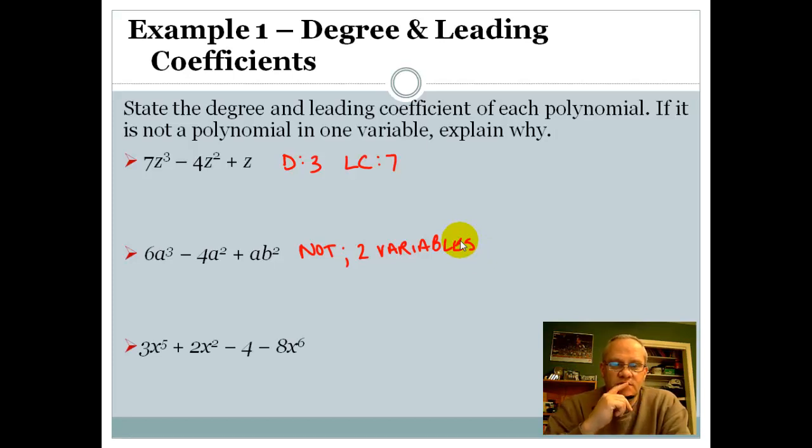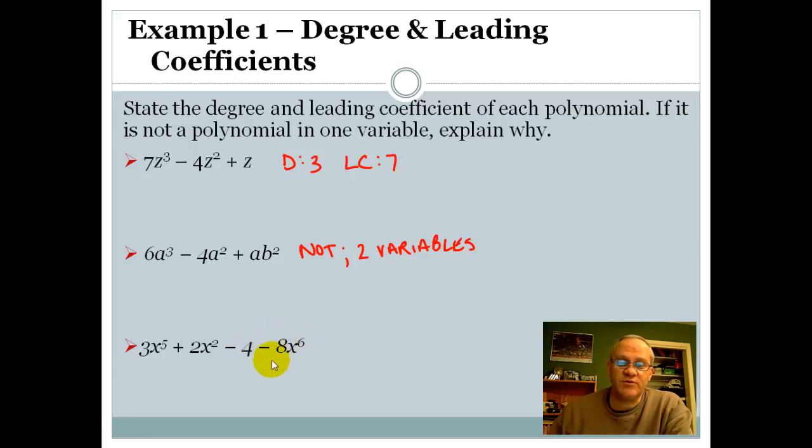All right. Now be careful, because sometimes they're not in descending order. And so this is where people usually get tripped up on this, if they get tripped up, because these need to be in descending order to know what the degree and the leading coefficient are. So notice, look at 5, 2, that's a 0 counts as a 0 degree, and then 6.